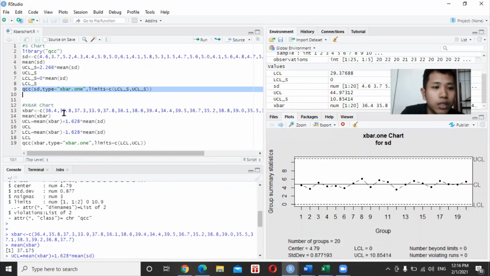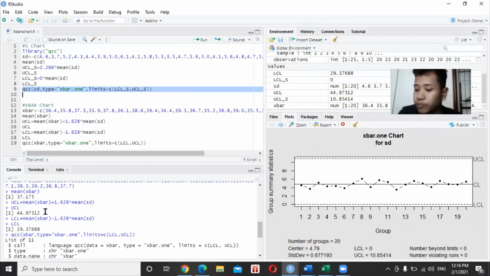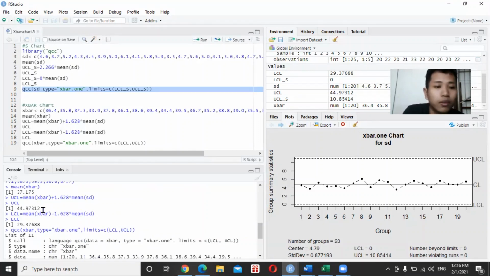The coding for the S bar chart is just the same as the S chart. The one different thing is just the variables, S and S bar. The same as before, we manually insert all the 20 sample means and then continue with the mean of S bar, then you get the value for the S double bar, which is 37.175.